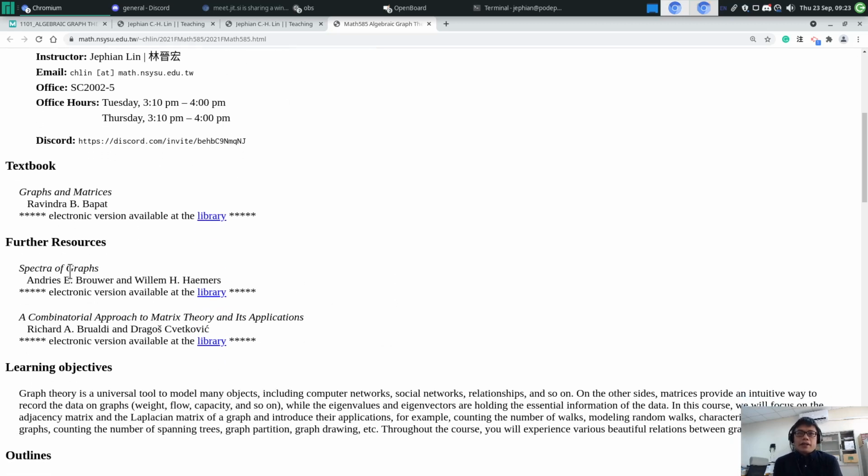Now, algebraic graph theory is just like what I said. It talks about the matrices and the graphs and pretty much the relations between them. So a lot of things rely on linear algebra. And linear algebra is quite a broad area that has a long history.